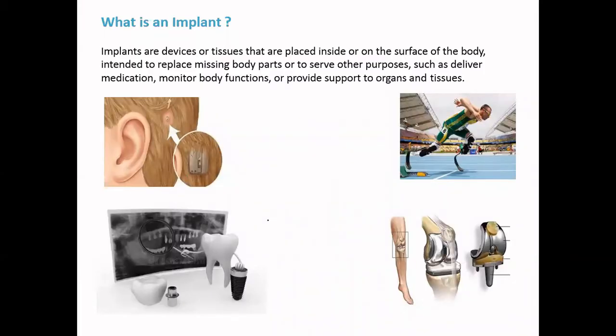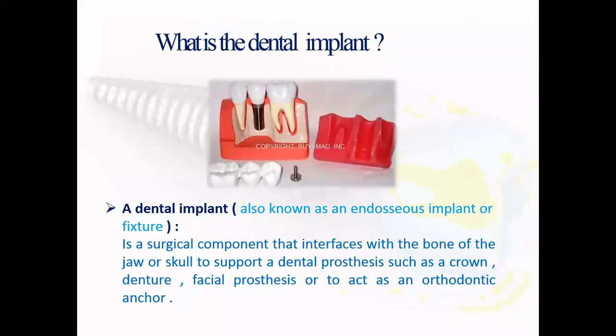What is an implant? Implants are devices or tissues that are placed inside or on the surface of the body, intended to replace missing body parts or to serve other purposes such as delivering medication, monitoring body functions, or providing support to organs and tissues. What is a dental implant?